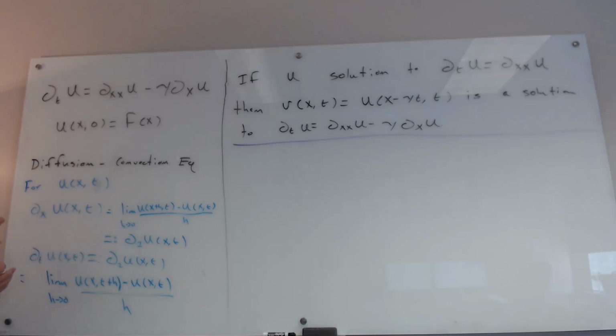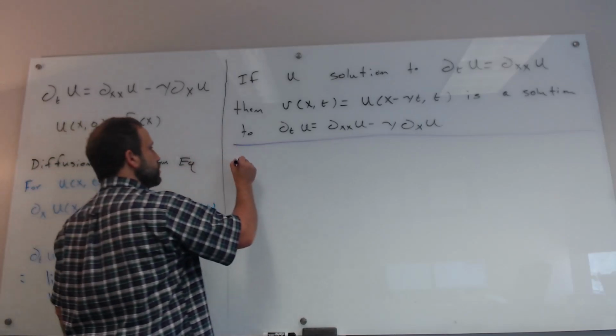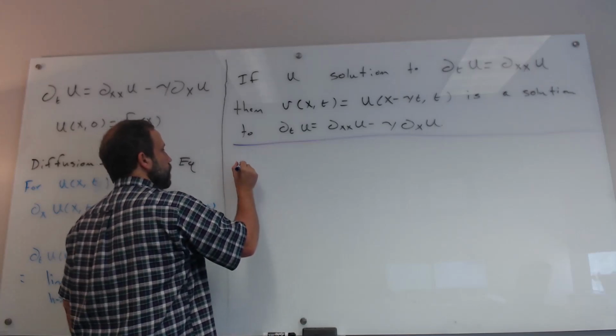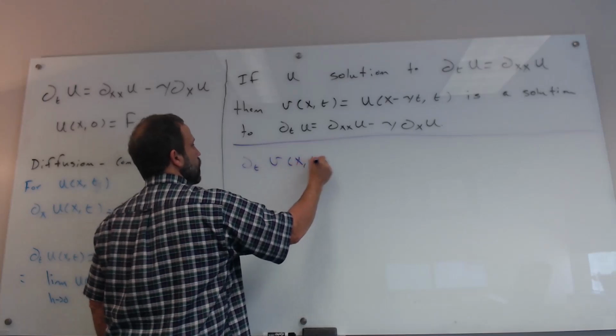And sometimes we just mean take it in the x variable. So, without further ado, let me try to explain what I mean here. I want to do the t derivative of V of x, t.